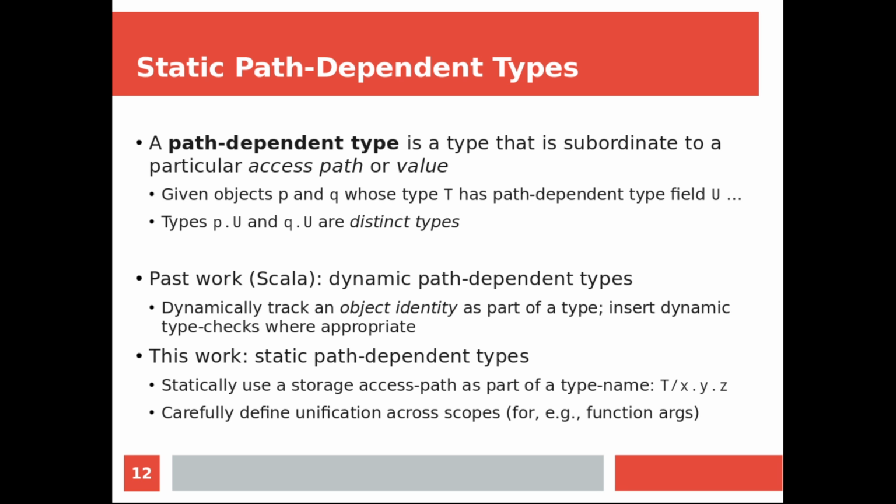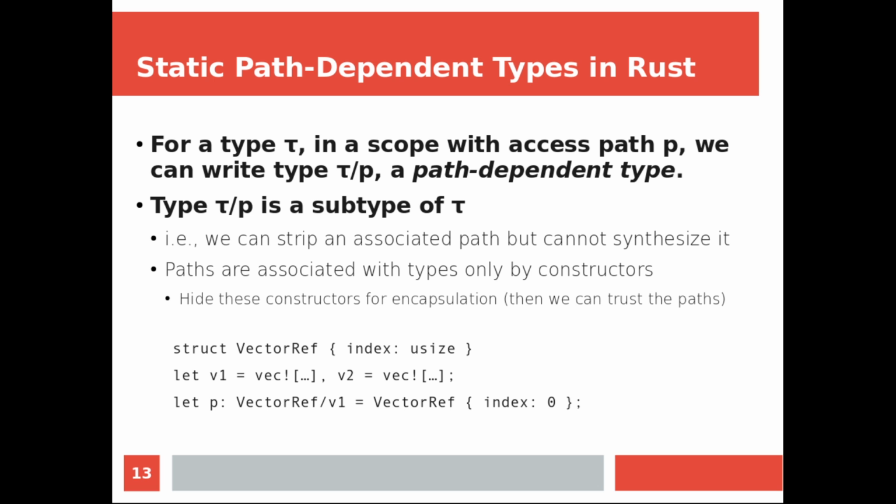To make this work, we have to carefully define how unification works across different scopes, of course. I won't have time to discuss this now, but there are more details in the paper. In a bit more detail, for any type tau, written in a scope that has some access path, that is a local variable optionally with a string of field accesses, p, we can write tau/p. This type is a subtype of tau.